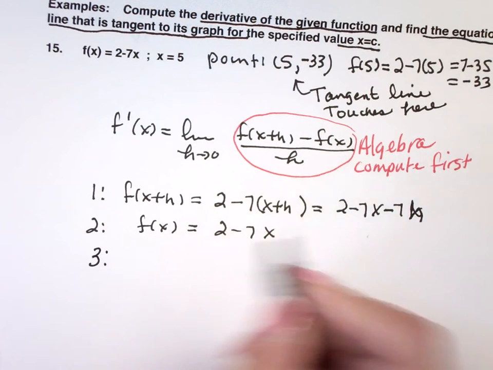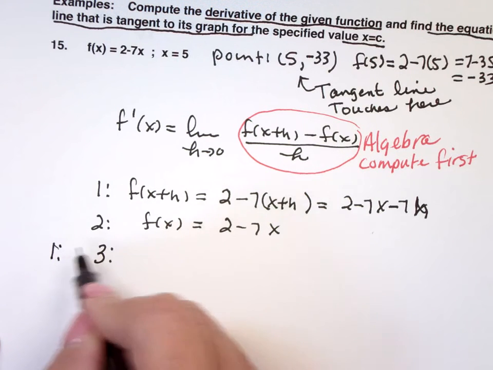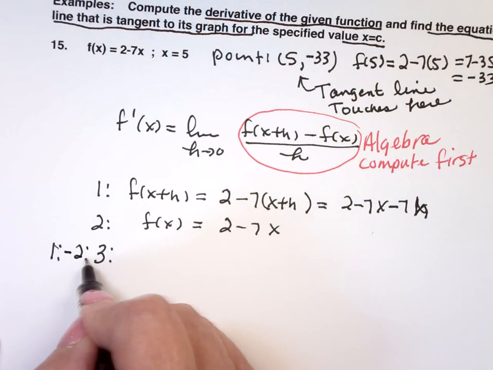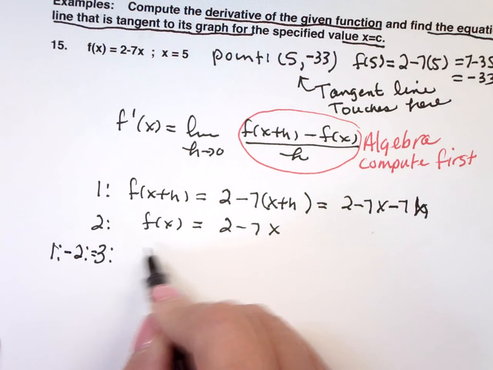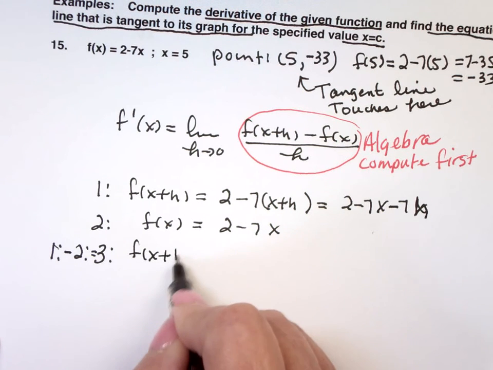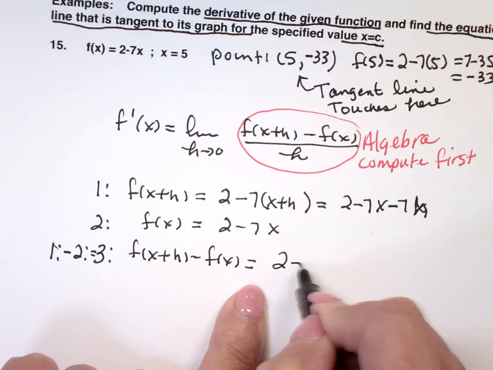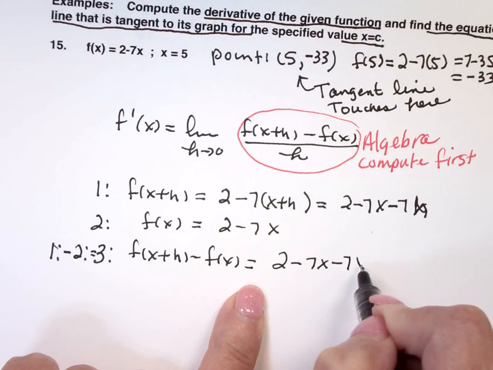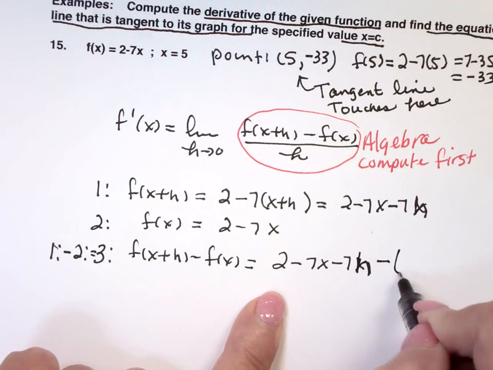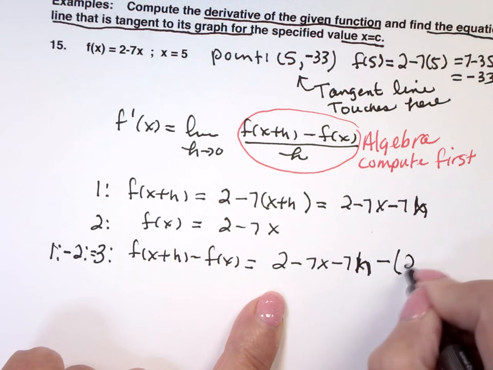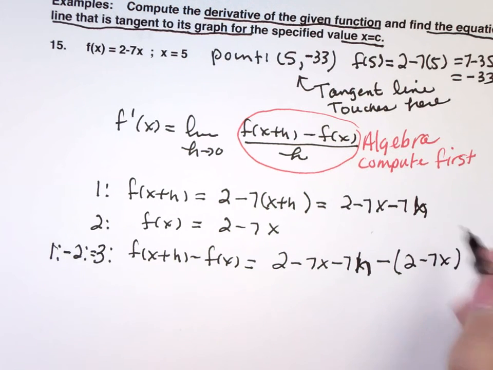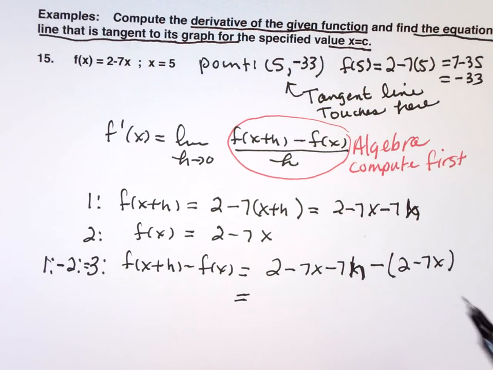The third step is taking what I got in step 1 and subtracting what I got in step 2. So that's f of x plus h minus f of x, which is 2 minus 7x minus 7h, subtract more than one term, and if I've done this correctly, I should end up with nothing but terms that have h's.